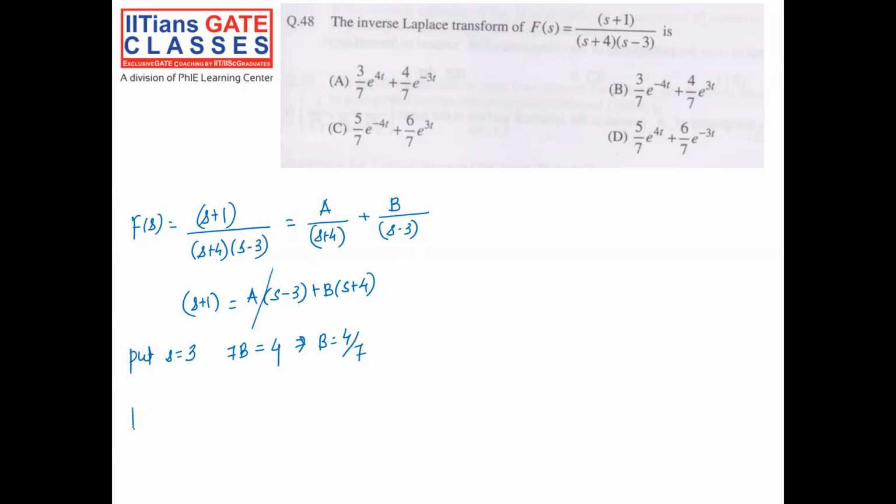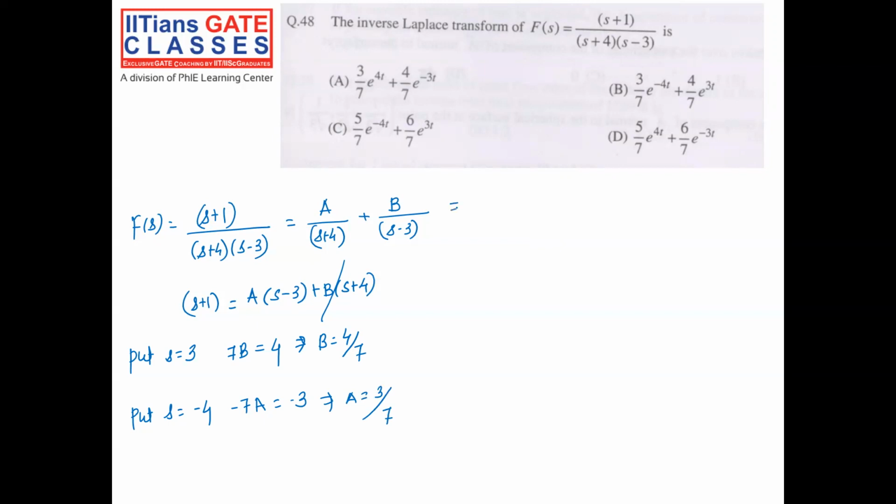Similarly, if you put s equal to minus 4, the second term will become 0 and you will end up with minus 7A equal to minus 3, and hence A is equal to 3 by 7.